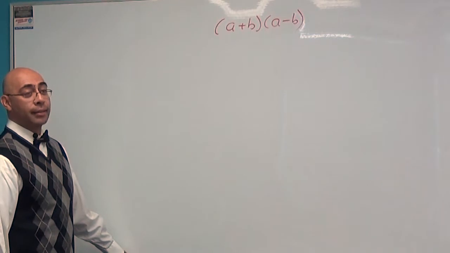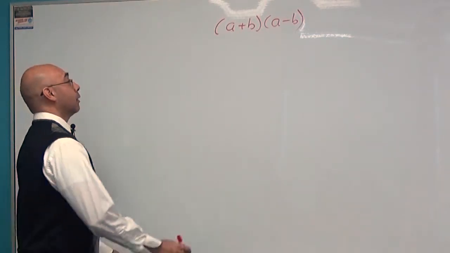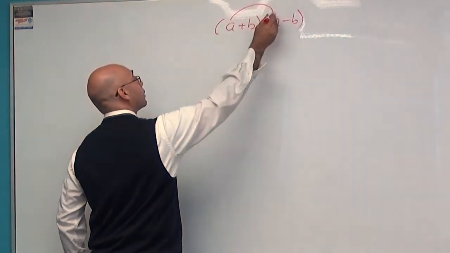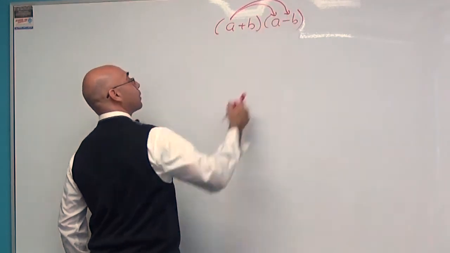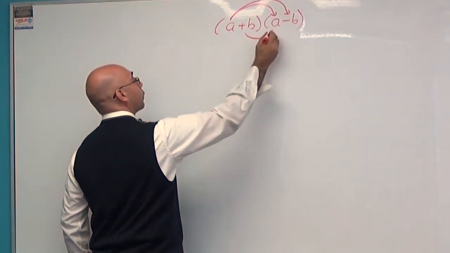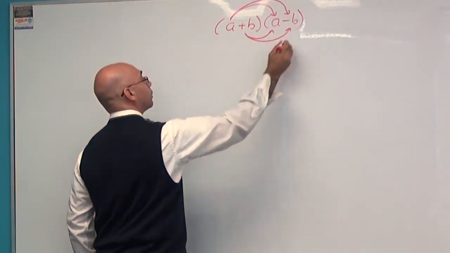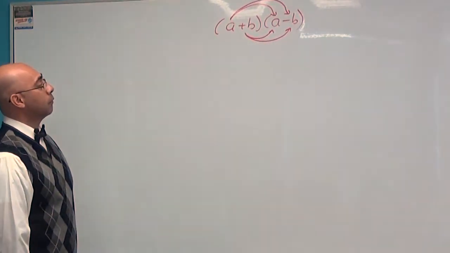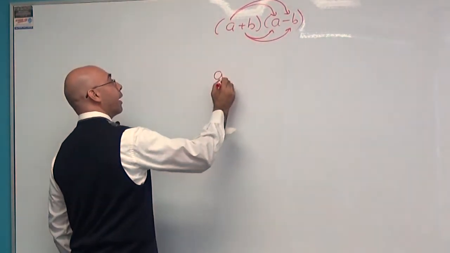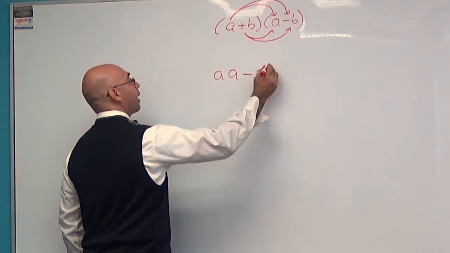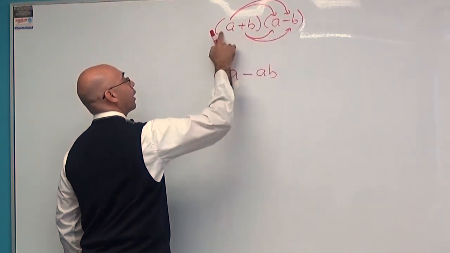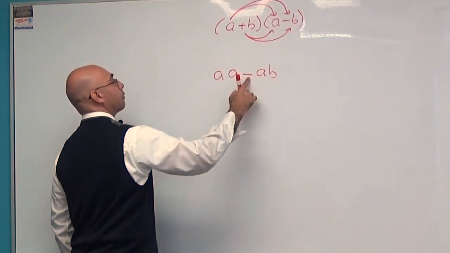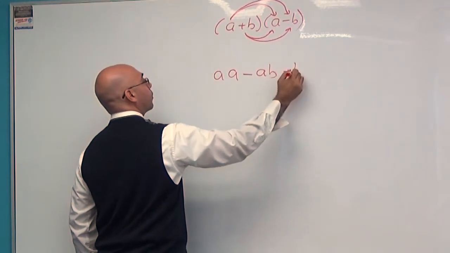So I'm going to do the exact same thing one last time. This times this, and this times this. Victor, I need you paying attention. This becomes AA minus AB. Signs are different, correct? So the sign's negative. Back here, plus BA.